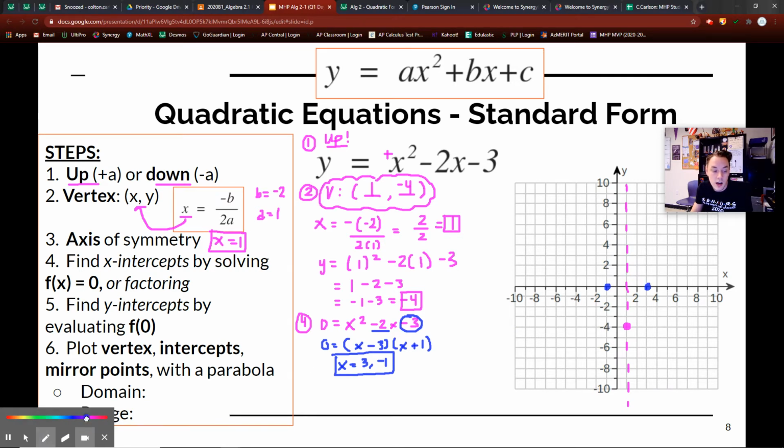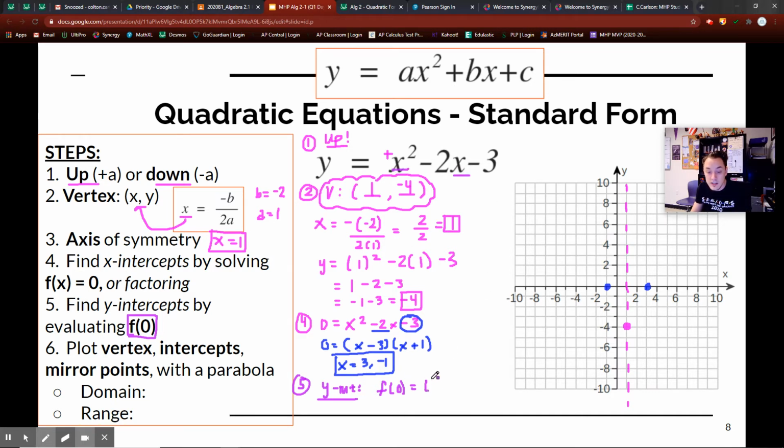Let's do 5, my y-intercepts. What are my y-intercepts? I just found my x-intercepts. For the y-intercept, I need to evaluate f of 0, which is where you plug 0 in for x.